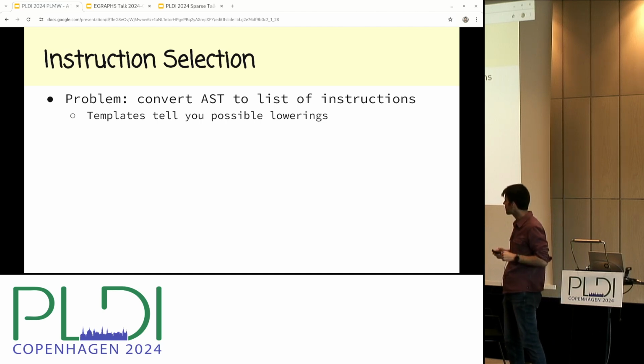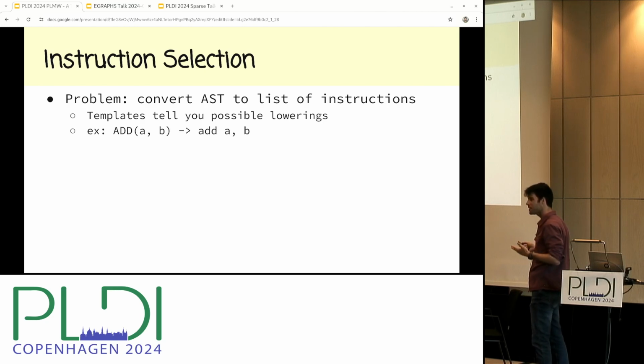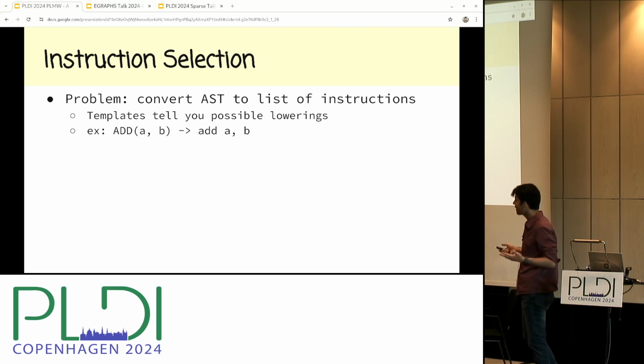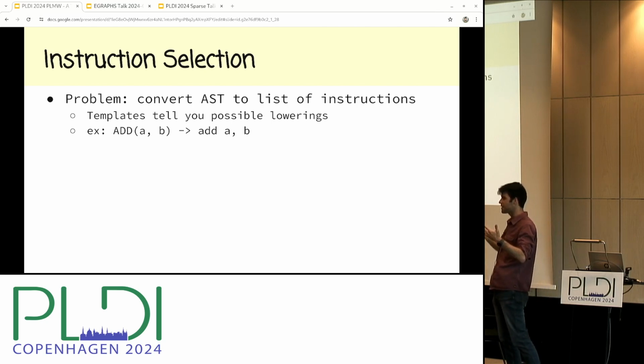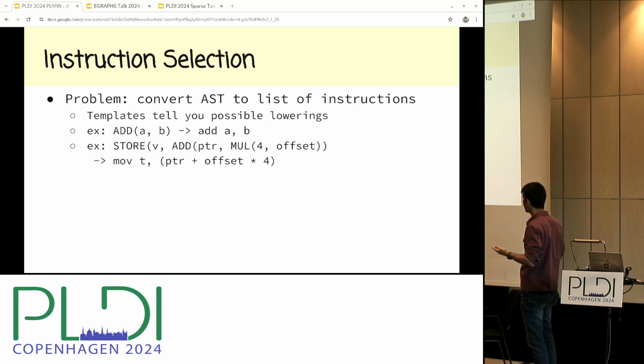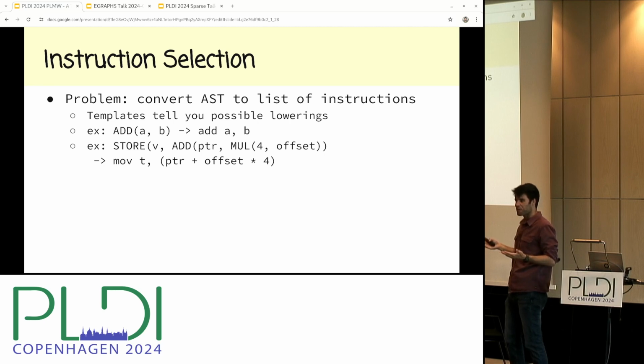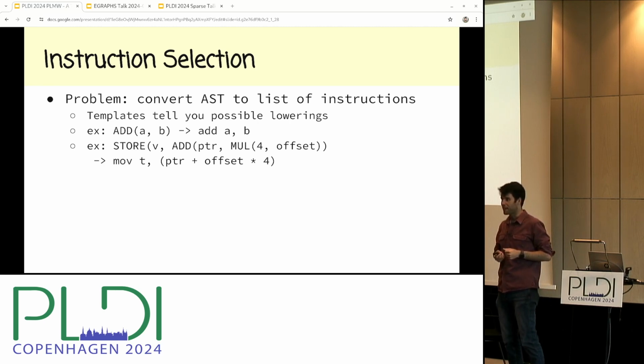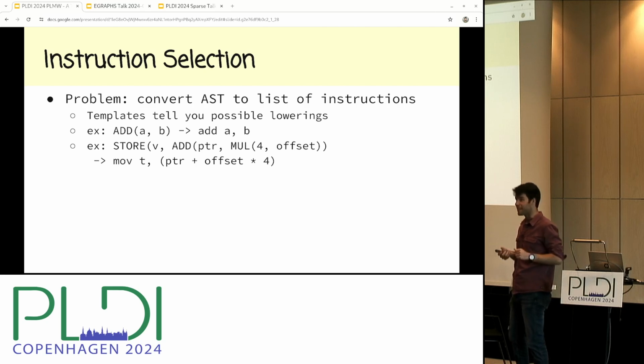Okay? What do these templates look like? Well, you have some simple ones that don't do anything exciting. If you see an add node in your AST, you could emit an add instruction in your instruction set. Most have an addition instruction. But a lot of instruction sets have fancier instructions that do many operations at the same time that ideally you would use because they can be faster, right?